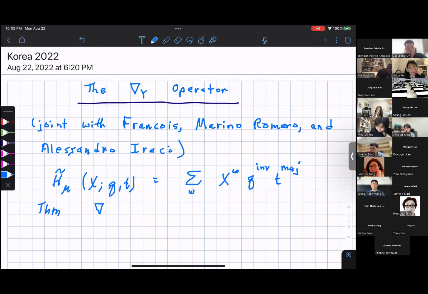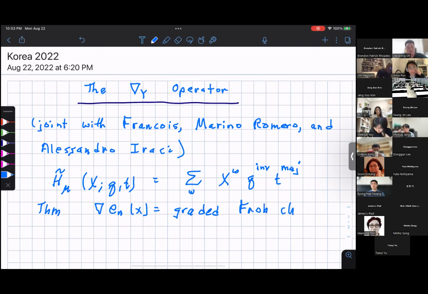This is Nabla of e_n, the nth elementary symmetric function. Here is the graded Frobenius characteristic of the diagonal covariant algebra DR_n, which is what?